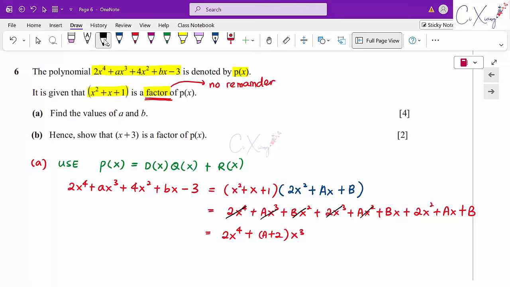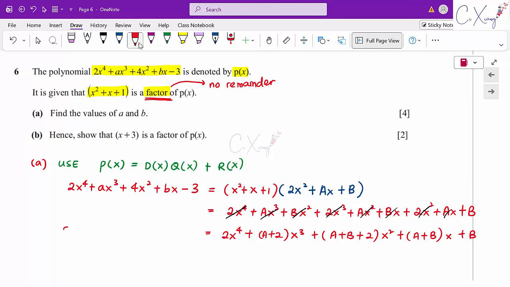So b, a, 2. If I simplify, I'll be having a plus b plus 2 x^2. Then for the x^1, I'm having b and also the a. So b and a is what? A plus b x. Then the last term is without the x, which is only the b.